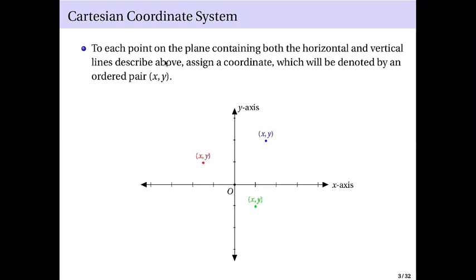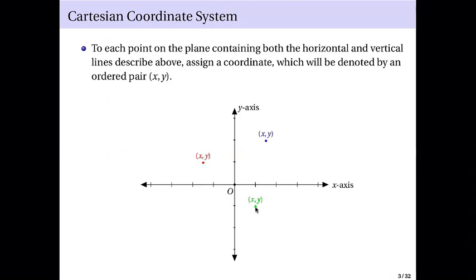Now, to each point on the plane containing both the horizontal and vertical lines described, we assign a coordinate. We denote them by an ordered pair x comma y. For example, if we look at this point, it's just denoted as x comma y.